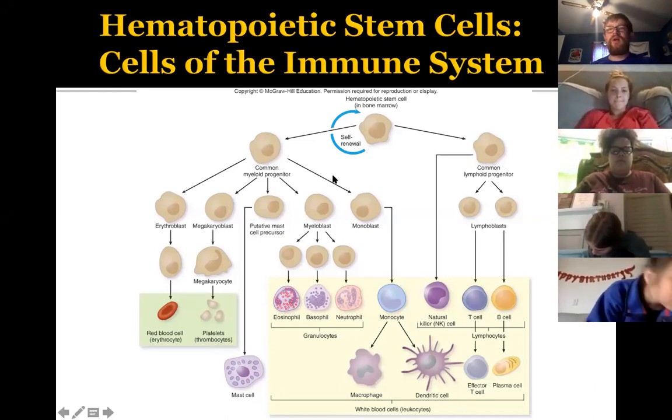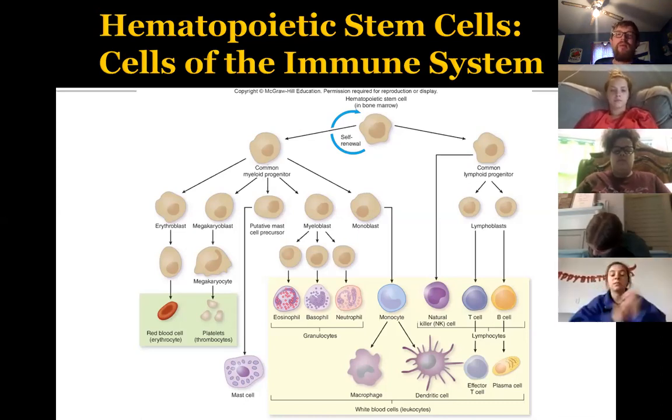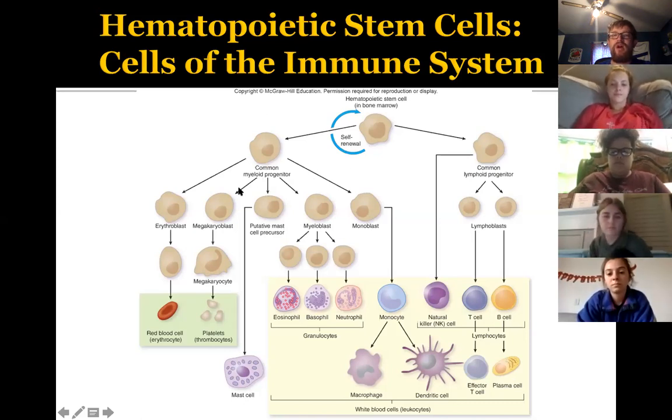And so here you have the two branches that are taken for the immune system: either the common myeloid progenitor, which is where we're going to see our innate immune cells come from, or the lymphoid progenitor, which is where our adaptive immune cells are coming from.